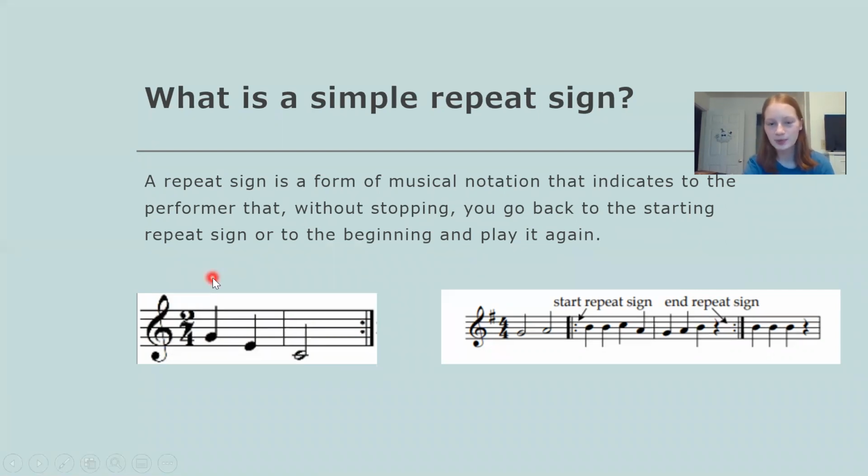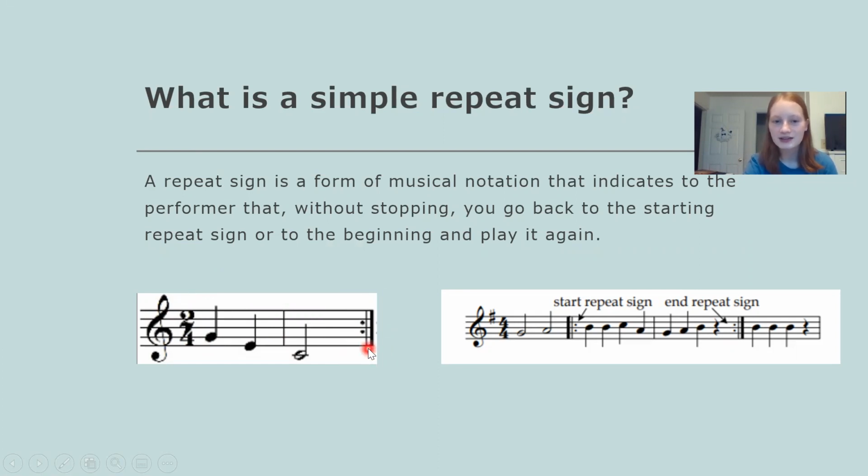So in these two example pictures that I've shown you, we're going to look at this first one here on the left. How this one's going to be played is you're going to start from measure 1, play all the way from measure 1 to measure 2, and then at this repeat sign here, what looks like an ending bar line but has these two dots, that is a simple repeat sign.